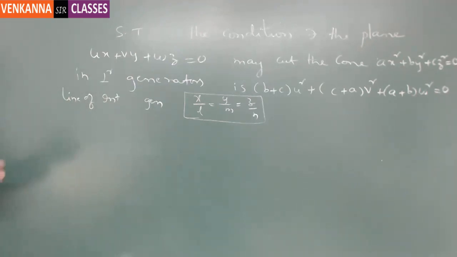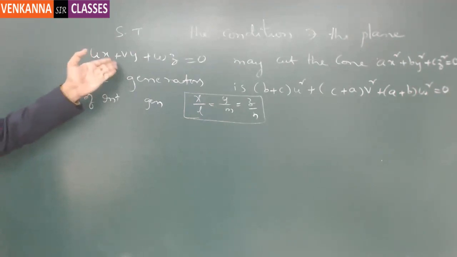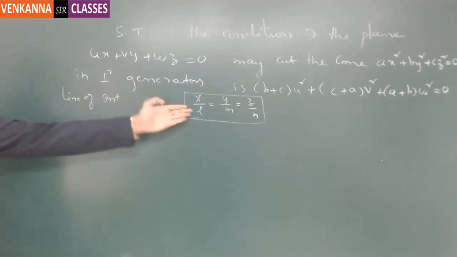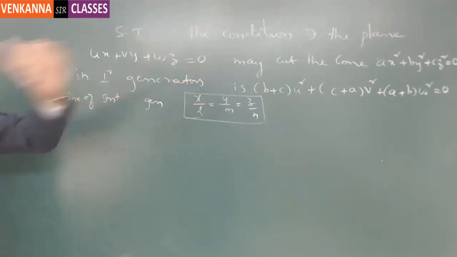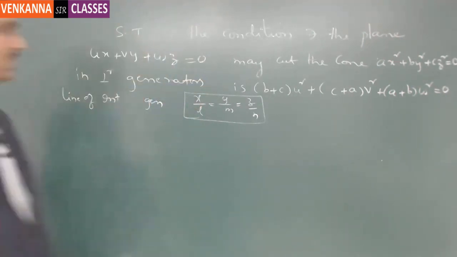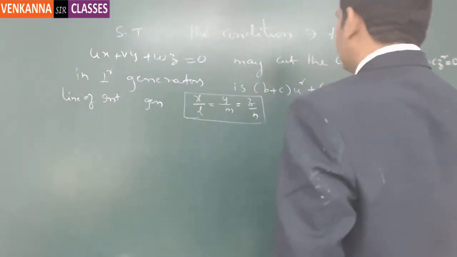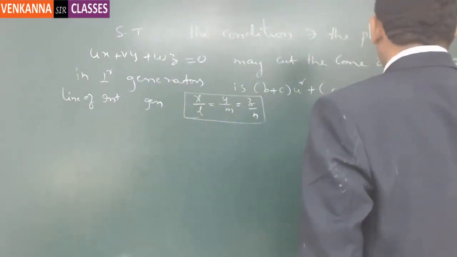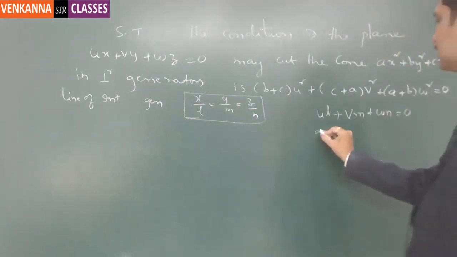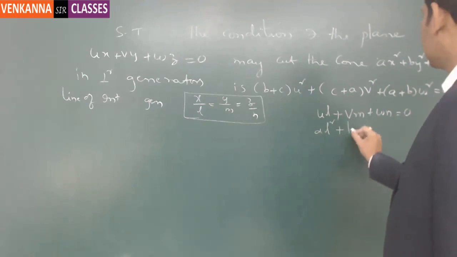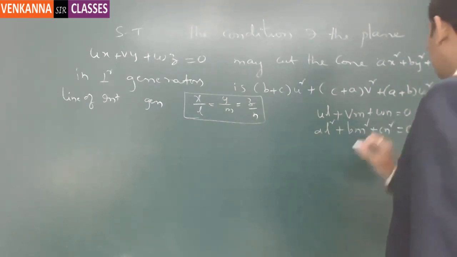So as usual, we can apply the perpendicularity condition for the plane and the generator, and the direction values will satisfy the cone equation. So you can say that ul plus vm plus wn equal to 0. That is one. And the other one is al square plus bm square plus cn square equal to 0.